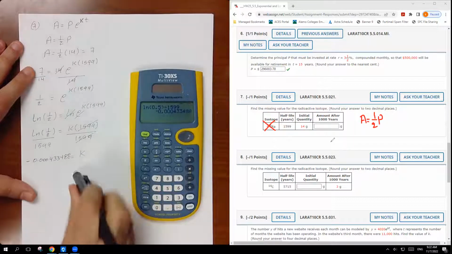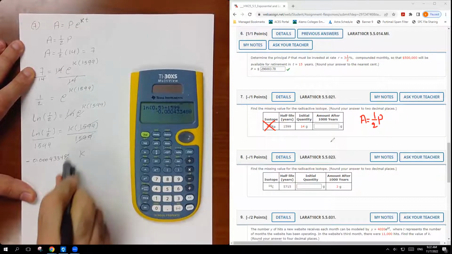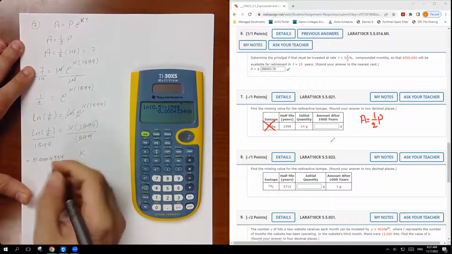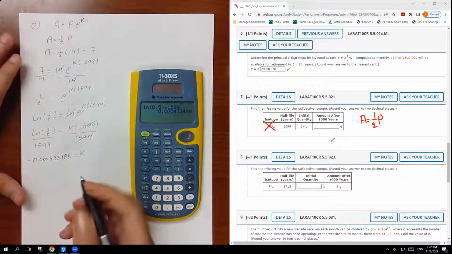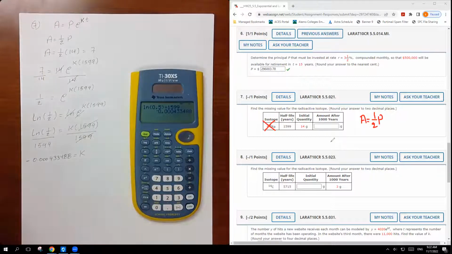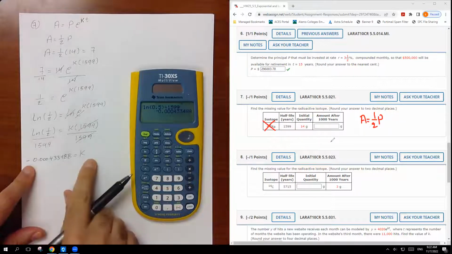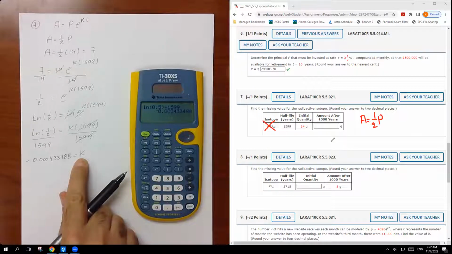I'm going to take the whole number, so I'm not going to make any mistakes. So when it's decay, that means the future amount is going to be less than the initial. It goes down. Your K or R, it's up to you, is going to be negative.